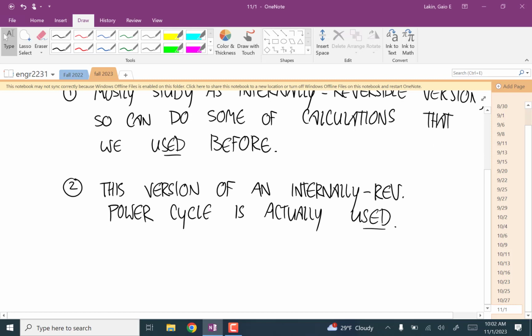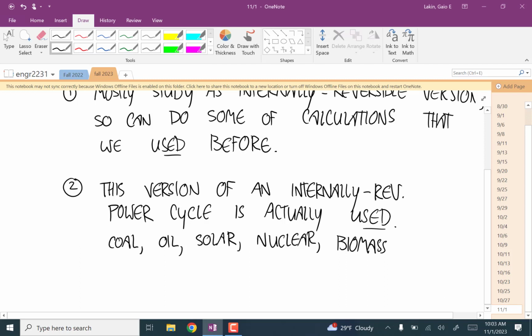It's used in coal power plants, oil, solar, nuclear, biomass, power plants use a version of this cycle that obviously isn't completely internally reversible, but uses this approach.